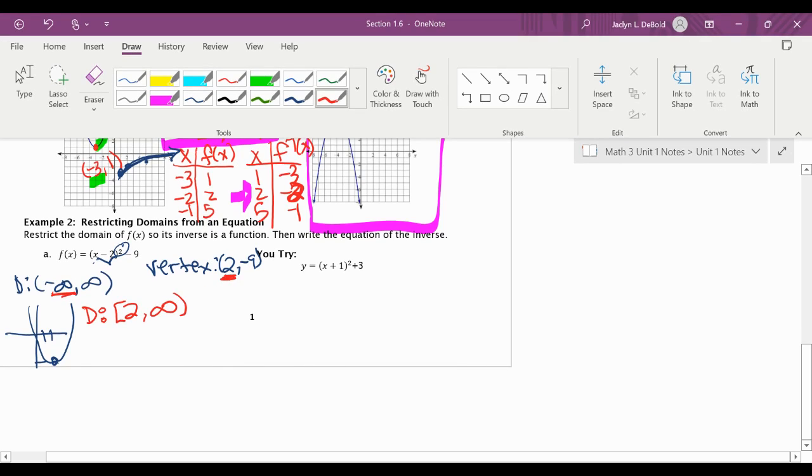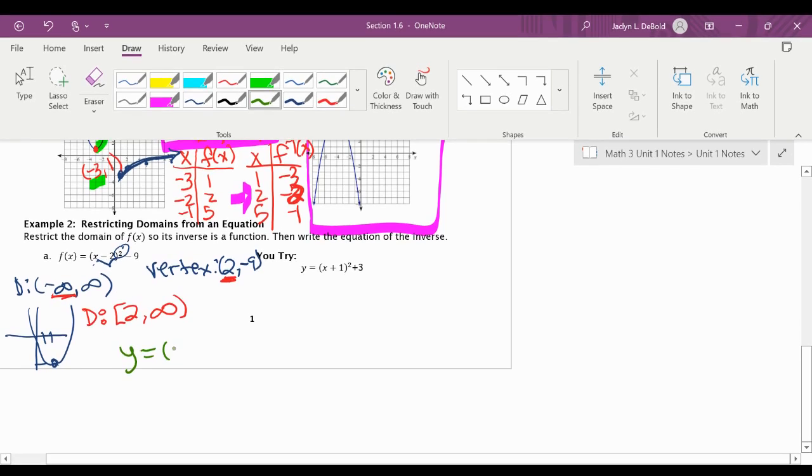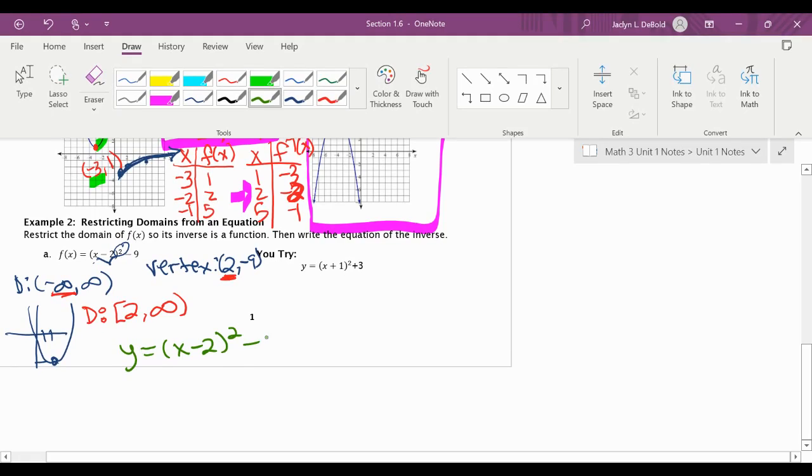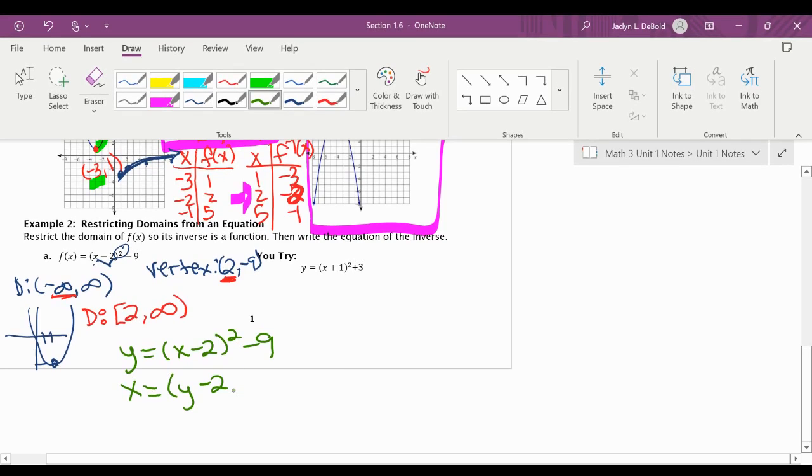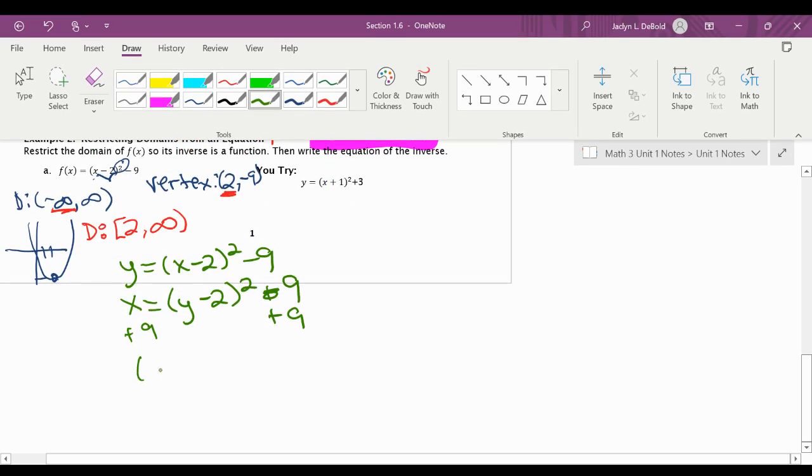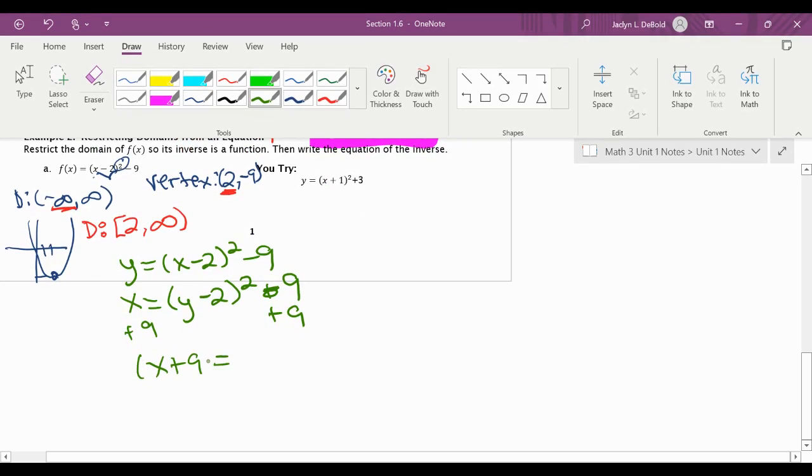And now I can go ahead and do the same thing we did in the previous lesson. So I'm going to go ahead and flip this, rewrite this with a y. So I have x equals the quantity y minus 2 squared minus 9. Then I'm going to add 9. And then I would have y minus 2 quantity squared.